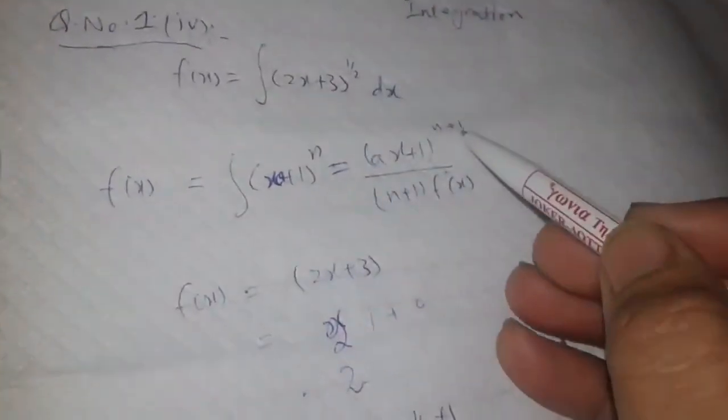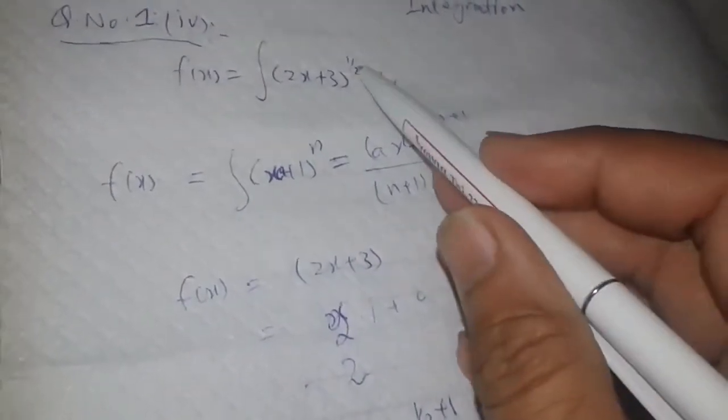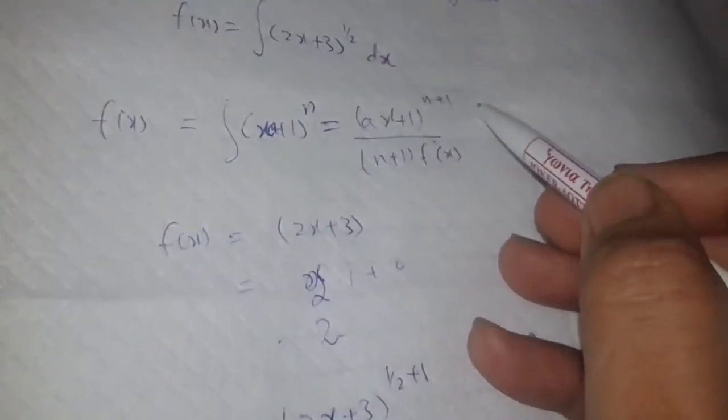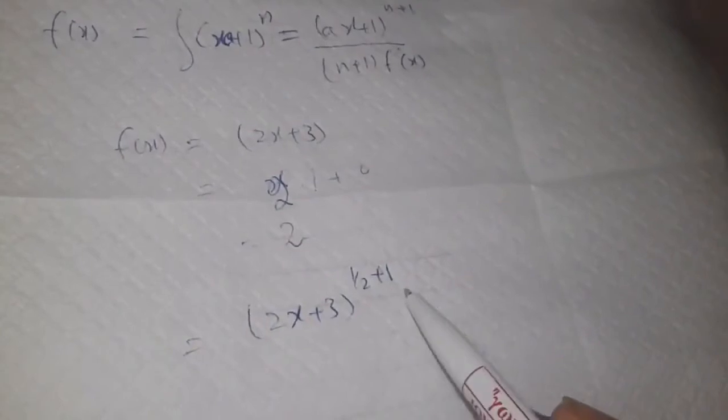Now when we integrate it, we can write (2x + 3)^(1/2 + 1), because here we use n + 1. n is the power, which is 1/2, plus 1 increment, divided by the same new power, 1/2 + 1, multiplied by the derivative of the function, which is 2.